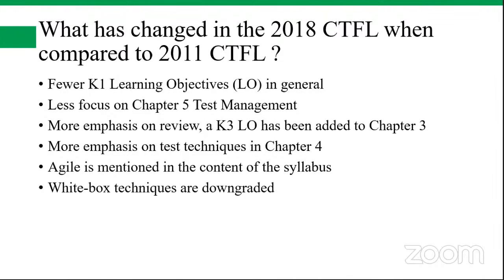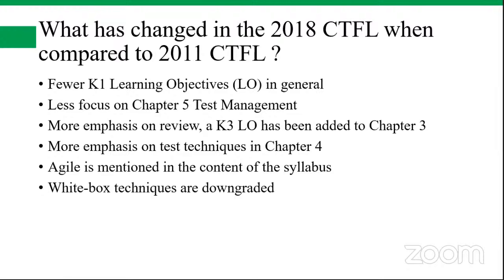The very first point says that there are fewer K1 learning objectives in general. This is not very positive, as K1 is the easiest level of question, and now you have fewer K1 questions. The next point is less focus on chapter 5, that is test management. The chapters have not changed over time, but chapter 5 is now given less importance.